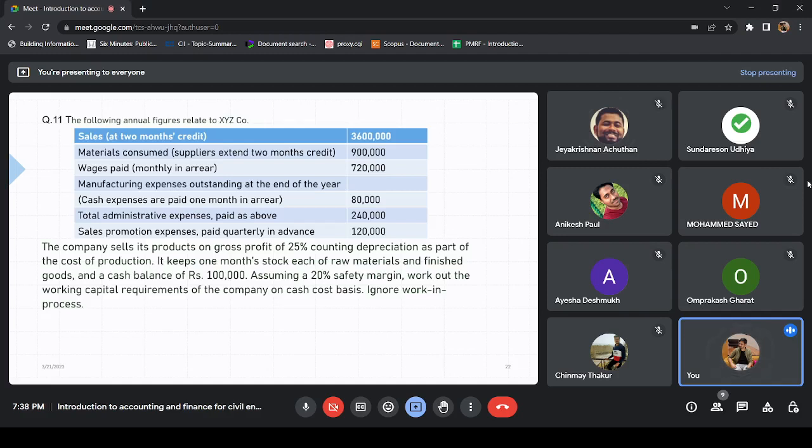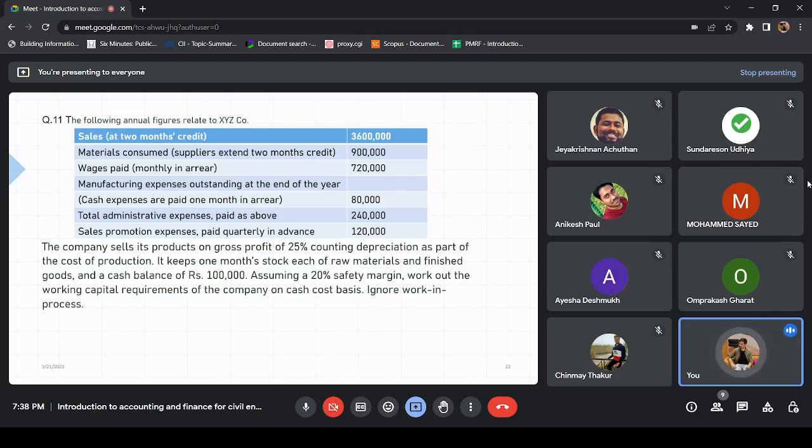So that part, the previous one, was how to calculate these durations from the values in the account books. Now you have been given the values and you have been asked to determine the working capital and prepare the account books. You have got sales at 2 months credit of 3,600,000.